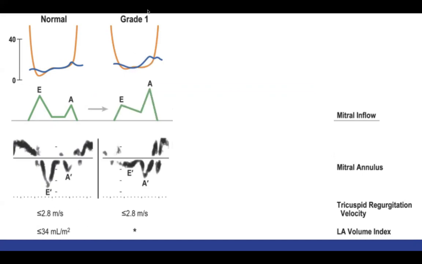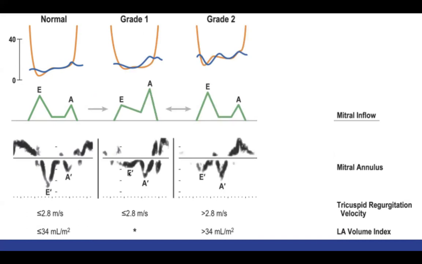As you go on, in grade 1 diastolic dysfunction, the A becomes bigger than E. Left atrial volume index can be different, more than 34 or less than 34. Mitral annulus velocities also change, so A becomes more than E. Then grade 2 is the pseudonormal pattern of the mitral inflow, but you can easily distinguish it from normal by looking at the mitral annulus.